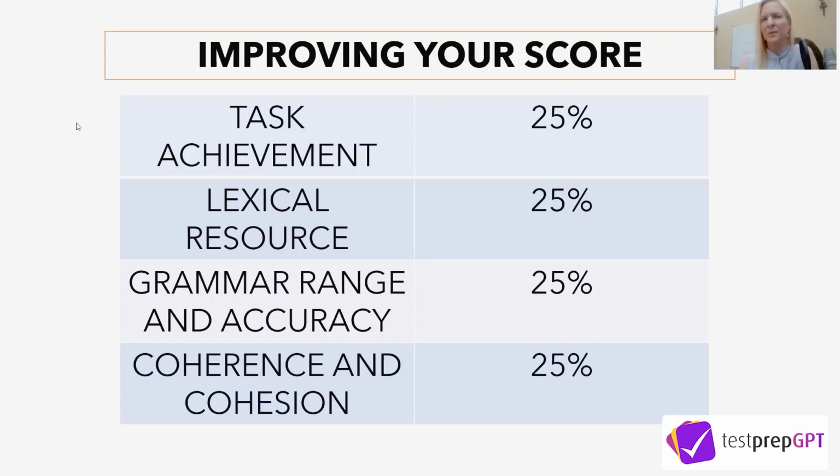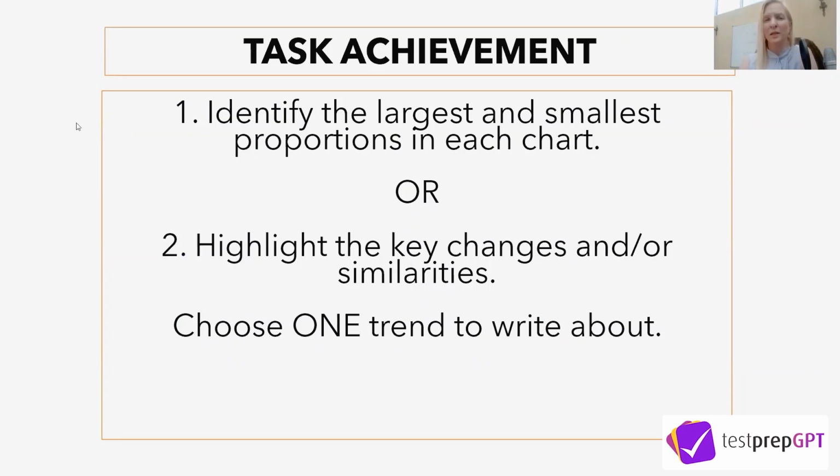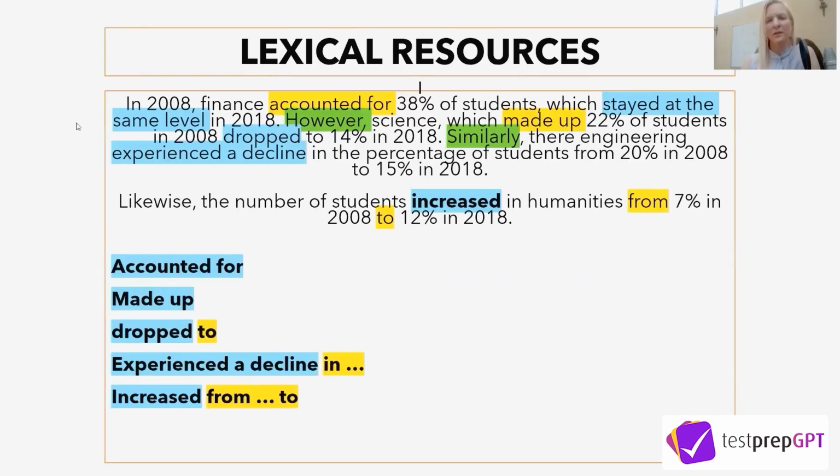Try to be as clear in your grammar as possible and follow the structure to gain marks for coherence and cohesion. In terms of task achievement, make sure you identify the largest and smallest proportions in each chart, highlight the key changes, and choose one trend to write about. So when you group your information, choose one trend.